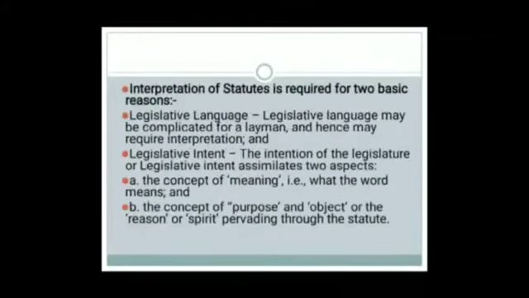Moving on, the interpretation of statutes is required for two basic reasons: legislative language and legislative intent.